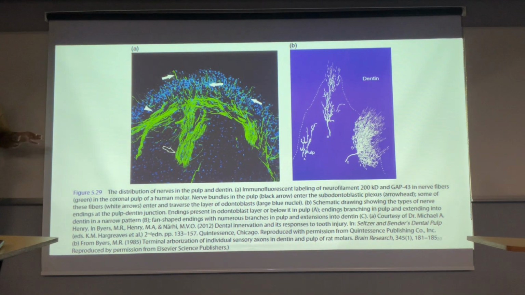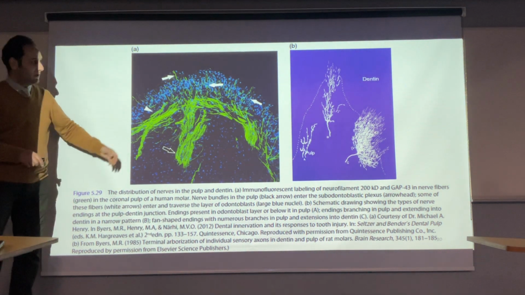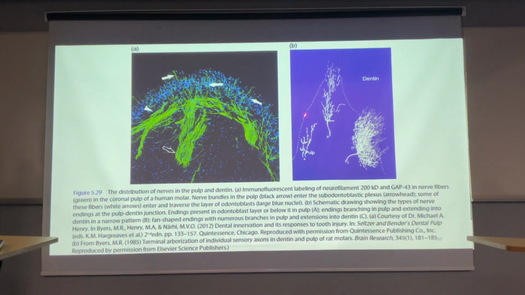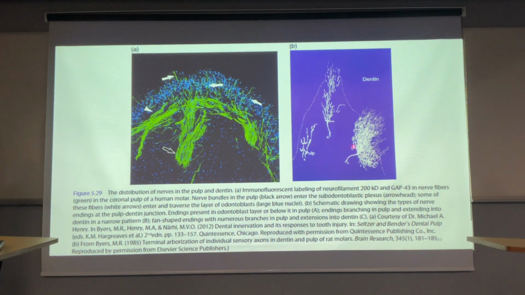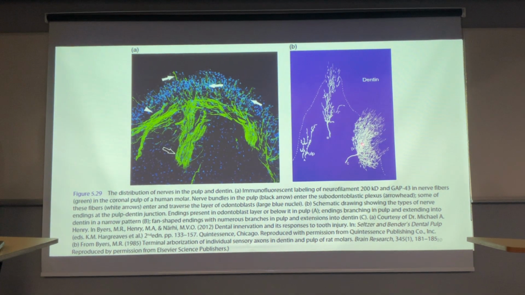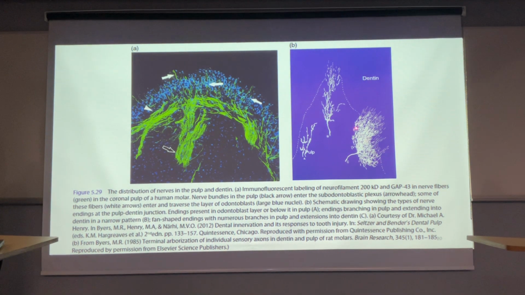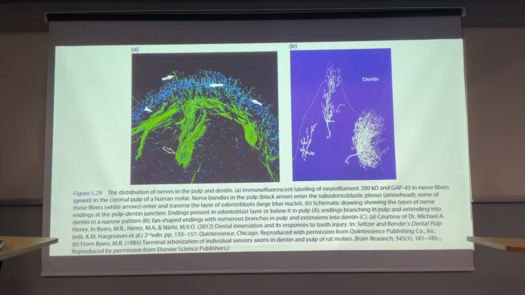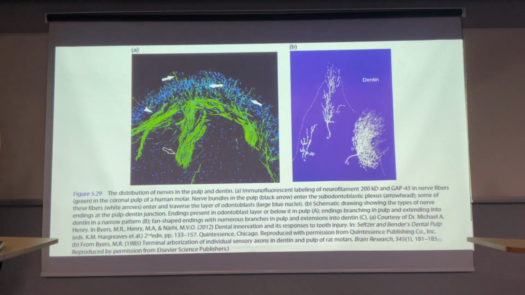Okay? We talked about the parietal layer. And again, you can see the pulp structure with the distribution of different nerves in the side part. Here is our dentin, here is our pulp. Could you see this high amount of nerve fibers in the odontogenic area?